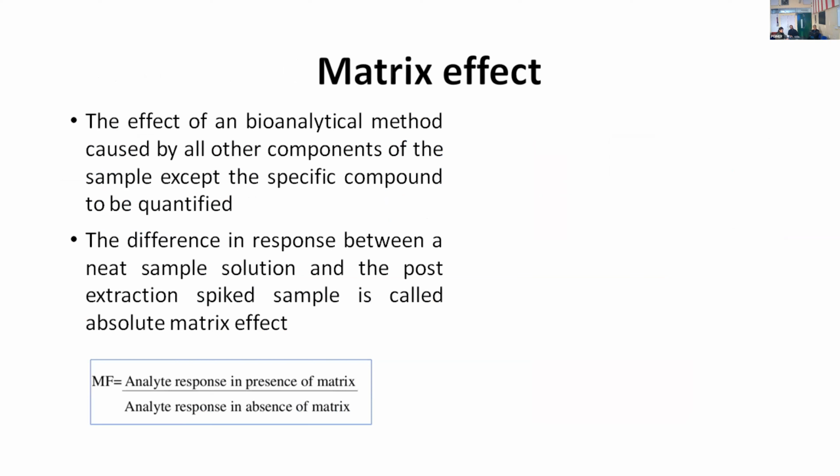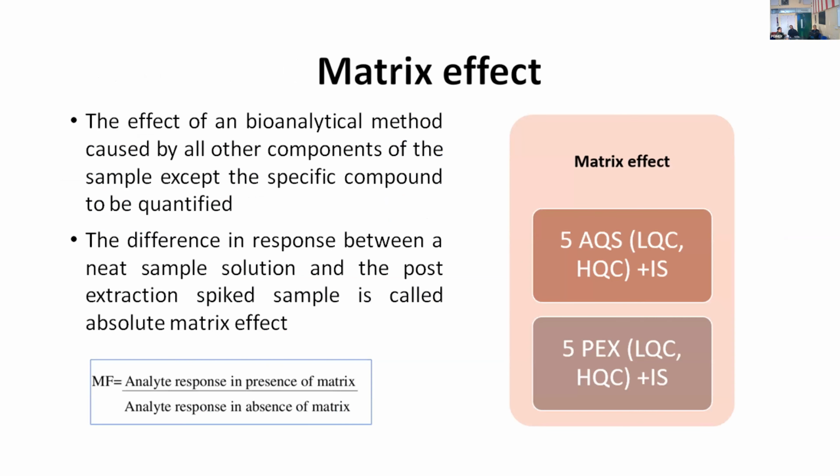Then coming on to the next part, that is the matrix effect. Here we want to see how efficient our developed method is in quantifying the drug in another matrix. For example, we will calculate in aqueous form, and we will divide the area in aqueous by the post-extracted plasma.